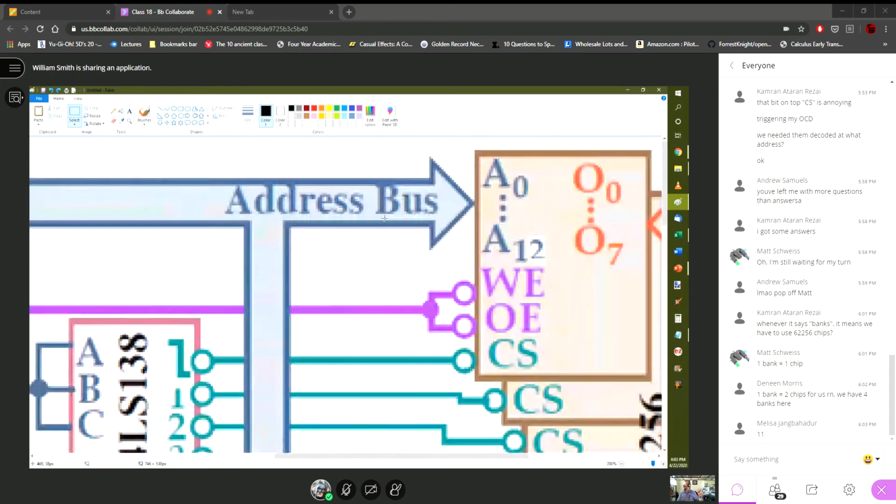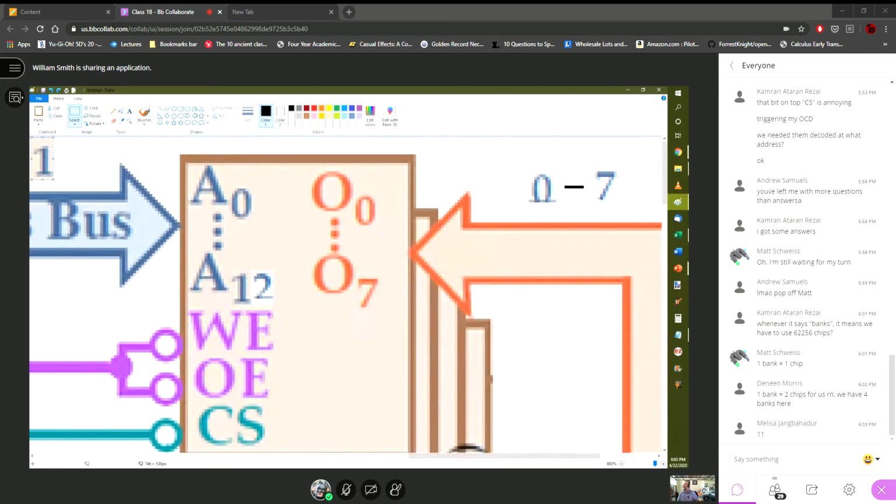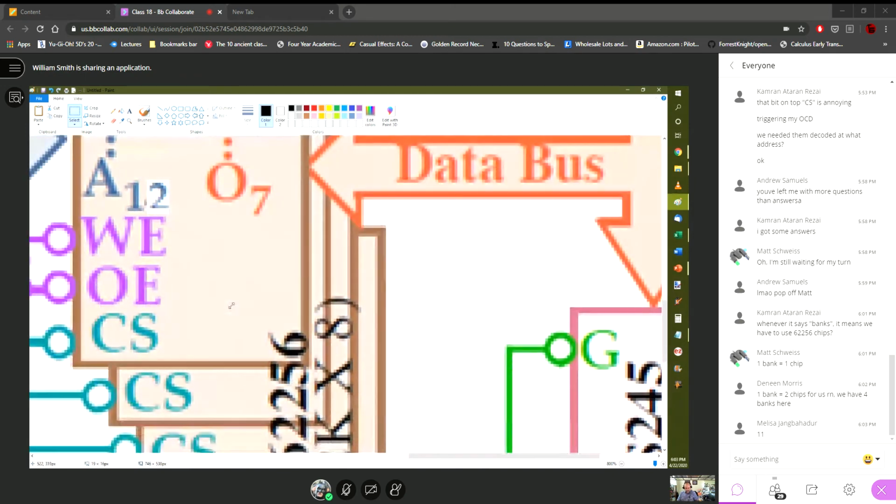Try that again. It'll look a little bit better too by the time we get done. All right, so there's an A11 there. And I need one here too. All right, so A11 means I actually have 12 address bits. Everybody with Melissa on that one?